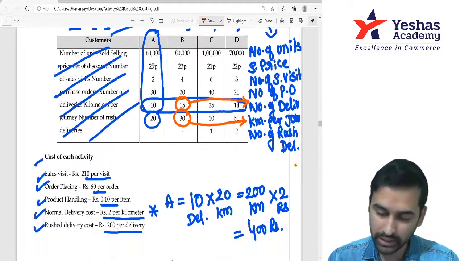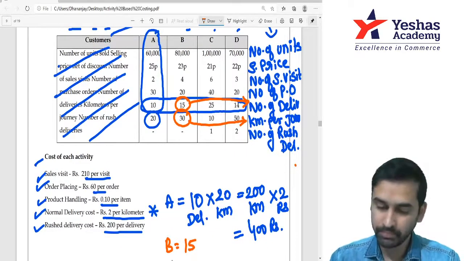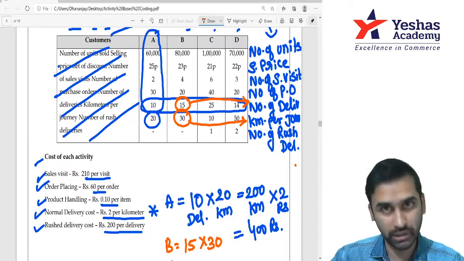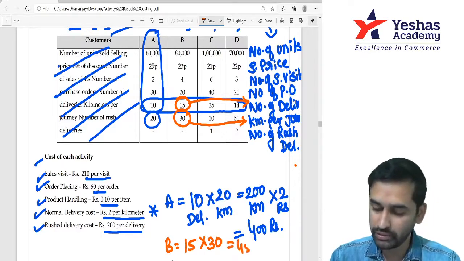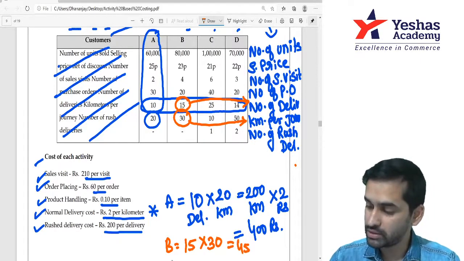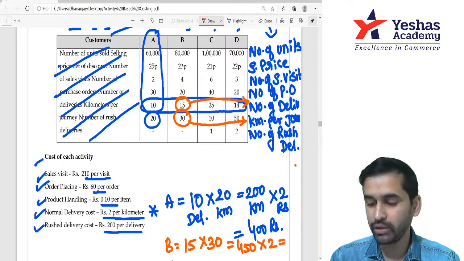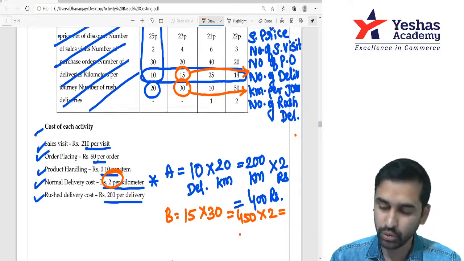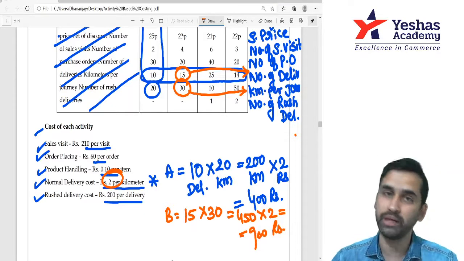That means how to calculate for B. 15 times I have to go and come, and I will be traveling 30 kilometers for every journey. 15 into 30 is 450 kilometers, and that will be into 2 rupees, because 2 is per kilometer. 450 into 2 will be 900 rupees. This will go to my income statement.